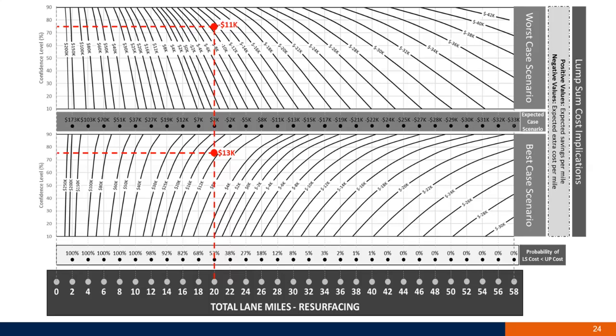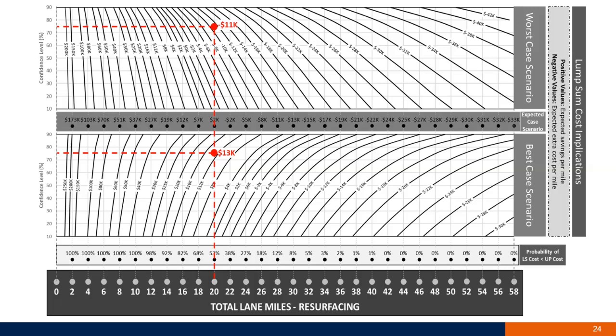So if we decided to use a 75% confidence level, if you say 20 and 75, and go to the best case scenario, you are either going to save $13,000 for each lane mile if you decided to use lump sum, or you're going to lose $11,000 for each lane mile.